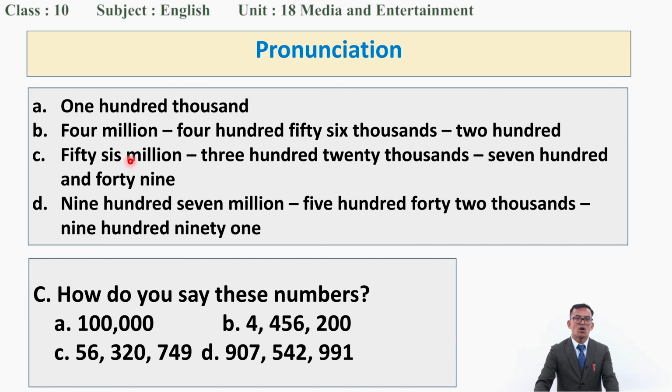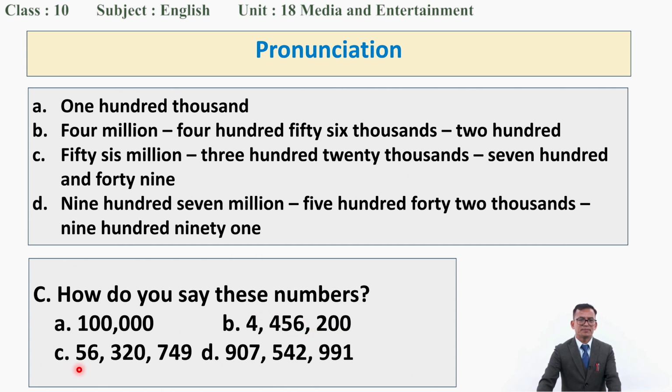Yes, this is 100,000, right? 100,000. What about this? Can you guess? That's good. This is 1, 10, 100, 1,000, 10,000, 100,000 and million, right? So 4,456,200.